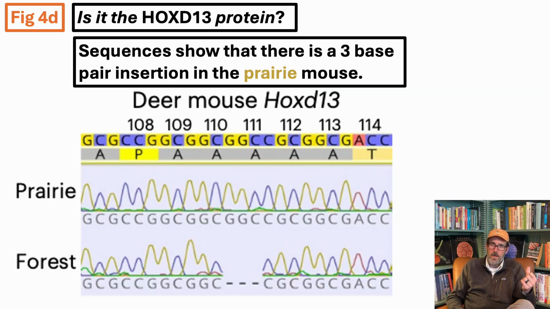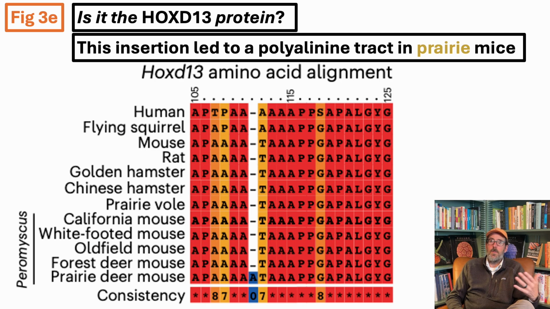Then they asked the question, is it the HOXD13 protein? Notice I wrote that in all caps. All capital letters refers to the protein. They show the prairie versus the forest, that there is a 3 base pair insertion in the prairie. Now I'm biasing it. I'm saying there's a 3 base pair insertion. We could have said it's a 3 base pair deletion in the forest one, but what we can tell looking across other animals is that most other mammals don't have this insertion.